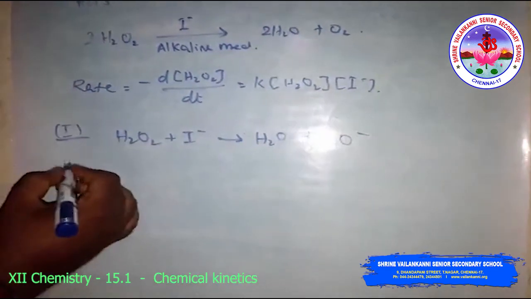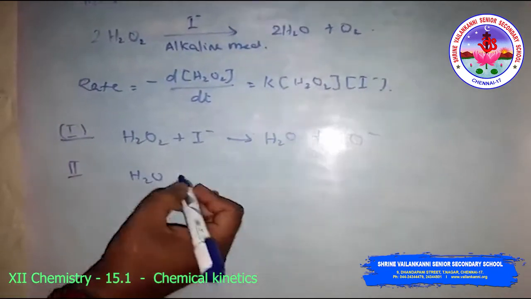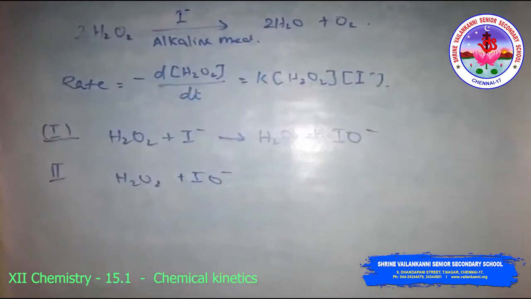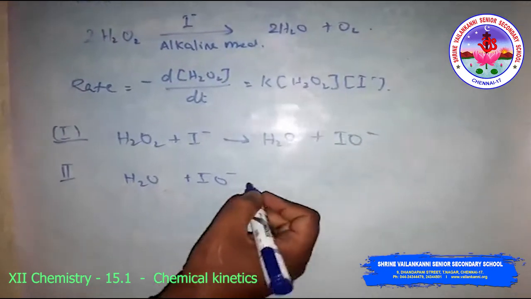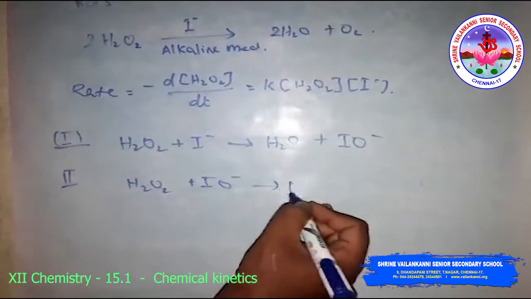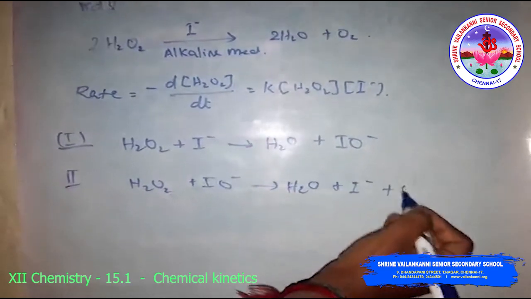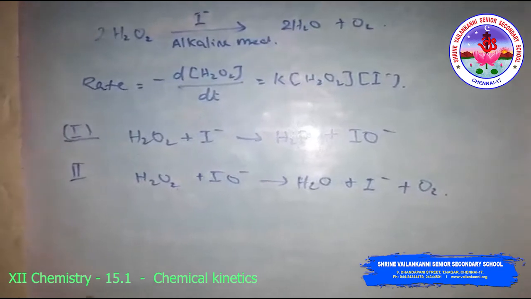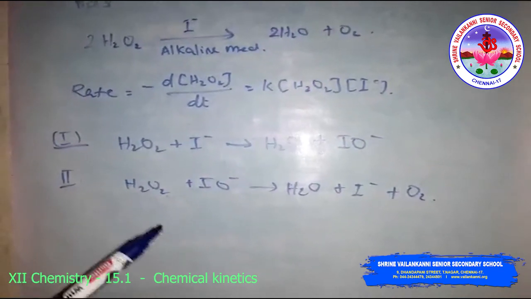Then the second step, H2O2 plus IO minus gives H2O plus I minus plus O2. Okay, so both the steps are bimolecular elementary reactions.